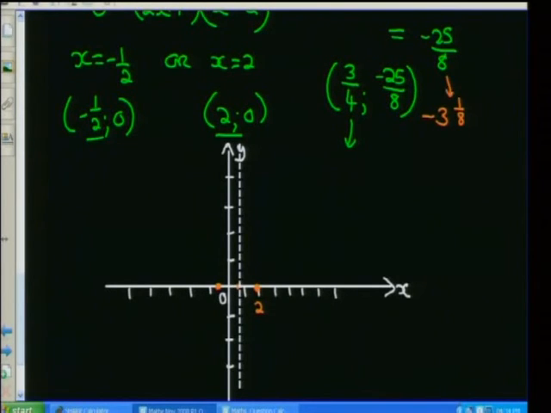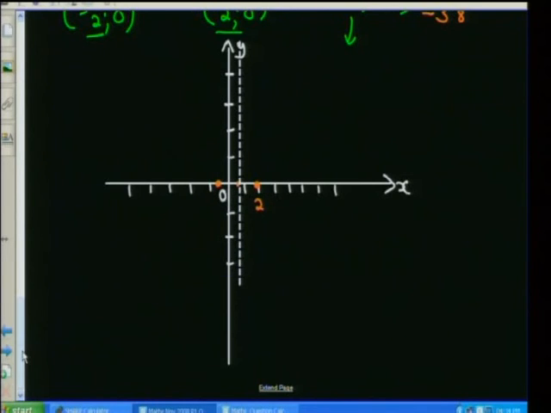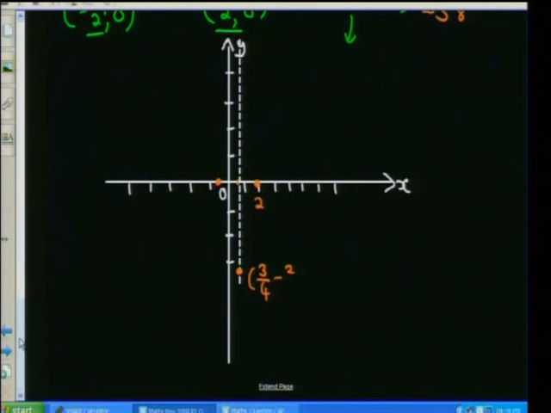I like to look at it like this. It just makes it easier to plot it. And of course, they're not expecting masterpieces, so over here I'm going to go 3/4 with negative, was it 25, yeah, over 8. Okay, I know that this was at -2 because I did that earlier, and so there's my parabola.